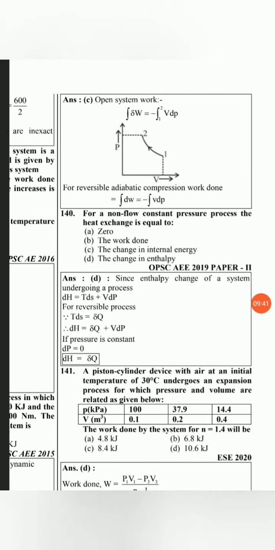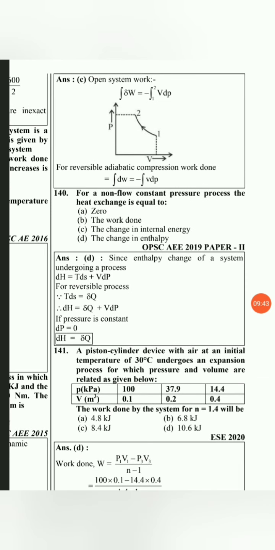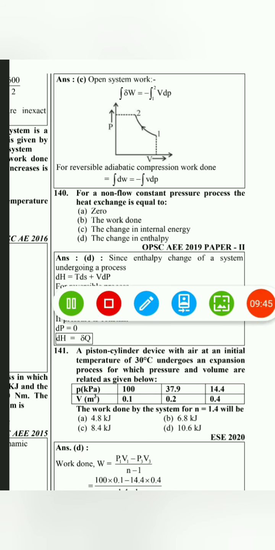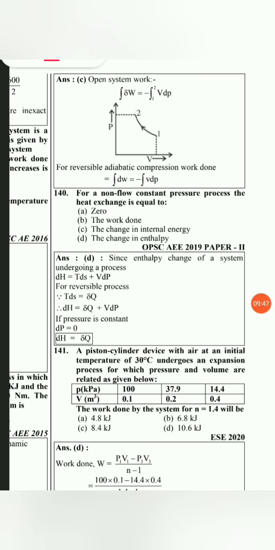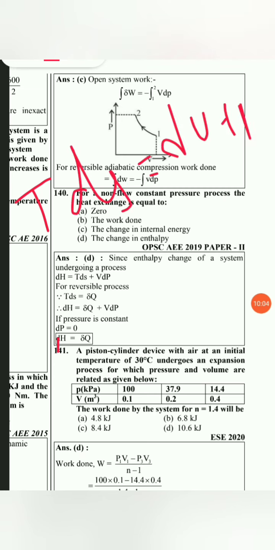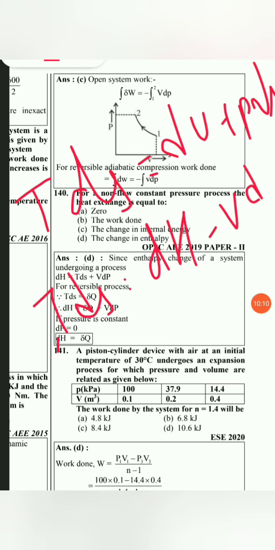The next question: for a non-flow constant pressure process, the heat exchange is equal to? So this is a process carried out in a closed system, which is also called a non-flow process. For that purpose you must know the two TdS relations, that is TdS is equal to dU plus P dV, or TdS is equal to dH minus V dP.